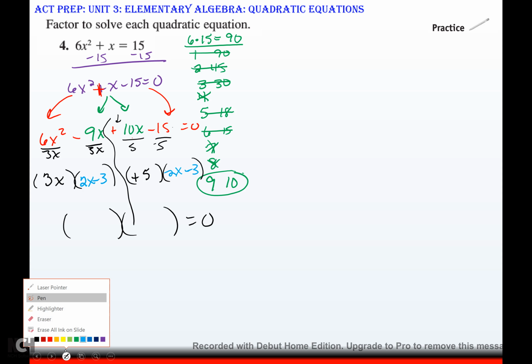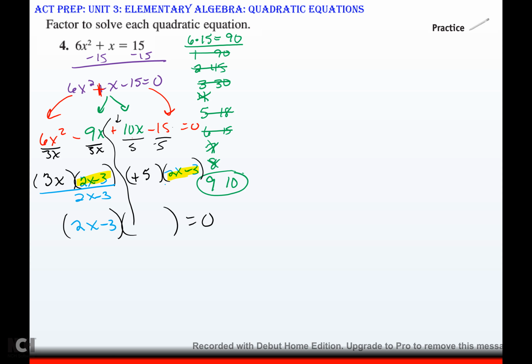At this point, you better have a matching bino, or you did something wrong, or it's prime. My matching bino is going to be 2x minus 3. To get what's left, I divide by 2x minus 3, and my black terms are what is left, 3x plus 5.